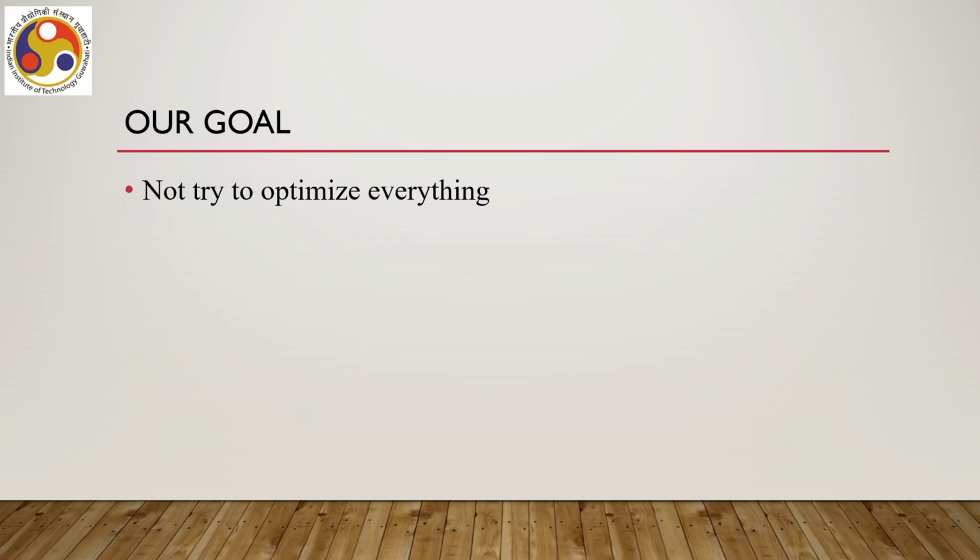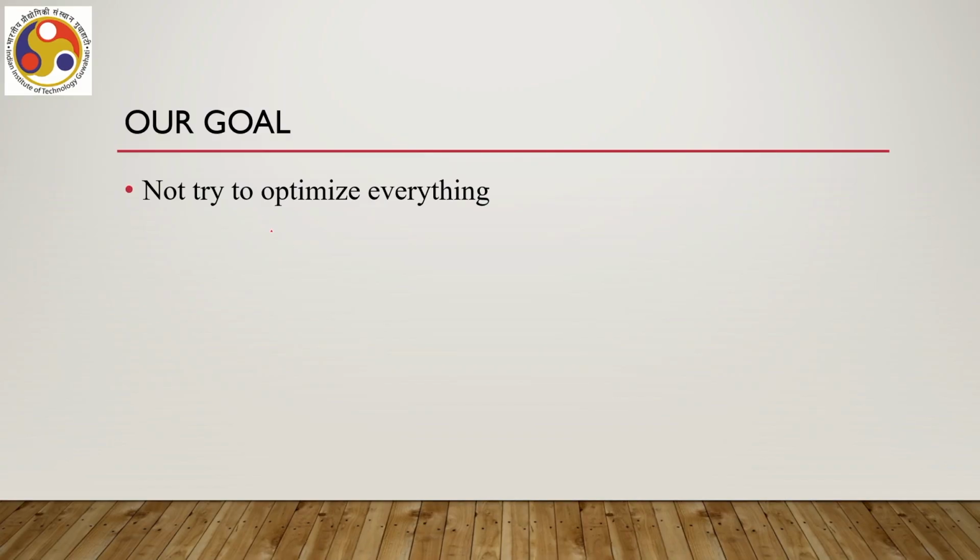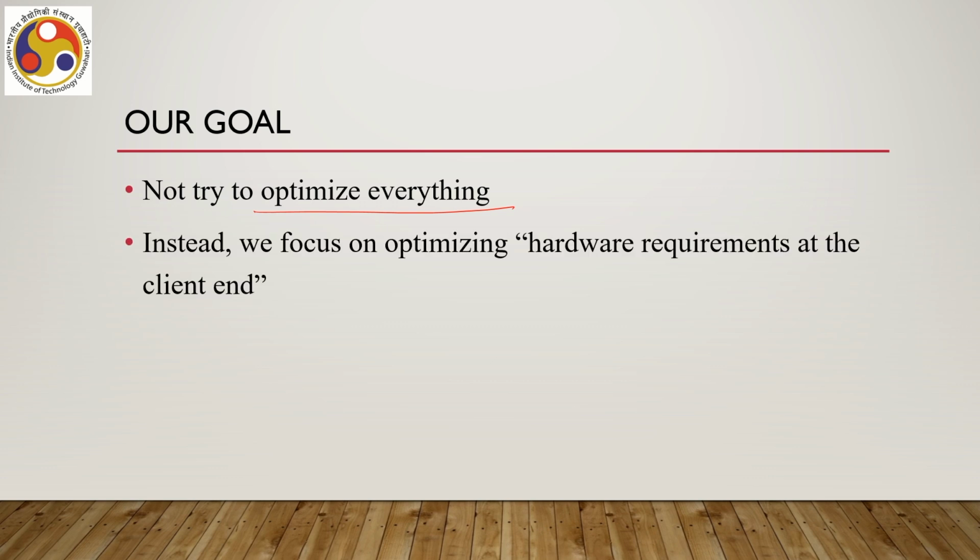But then, as I said, it is not easy to consider everything. So, we generally do not try to optimize everything. Some things are already given, that is our assumption. Based on that, we try to optimize a lesser number of resources. So, instead we focus on optimizing hardware requirements at the client end. That is the most straightforward way of optimizing resources, rather than getting entangled in so many issues.